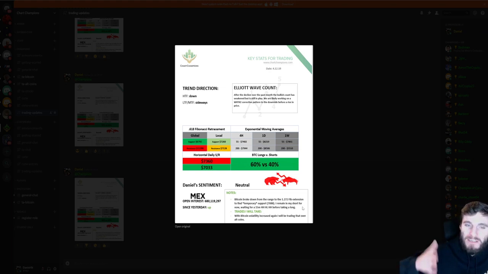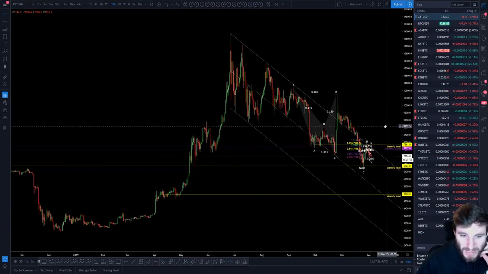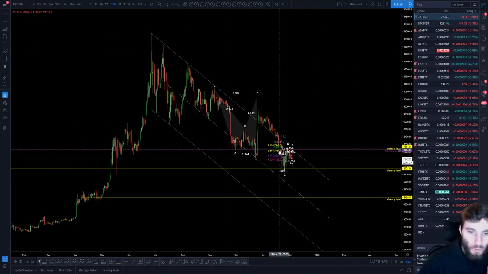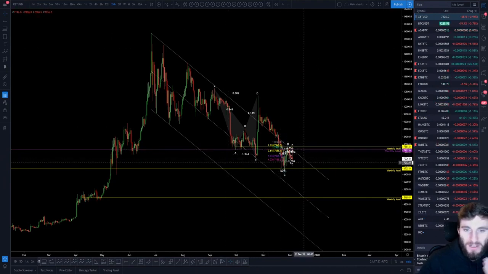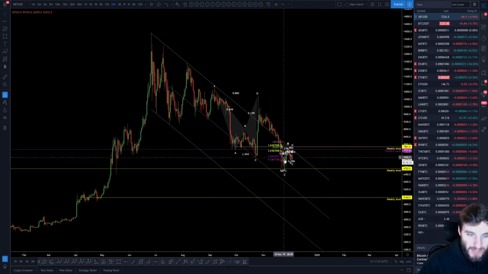This is day trading, but I'm still being conservative on the longs, because you're more likely to make money on shorts. So I'm more aggressive on shorts than longs, and until the market structure changes, you're more likely to make money on the short side, because this market structure is really bearish at the moment.